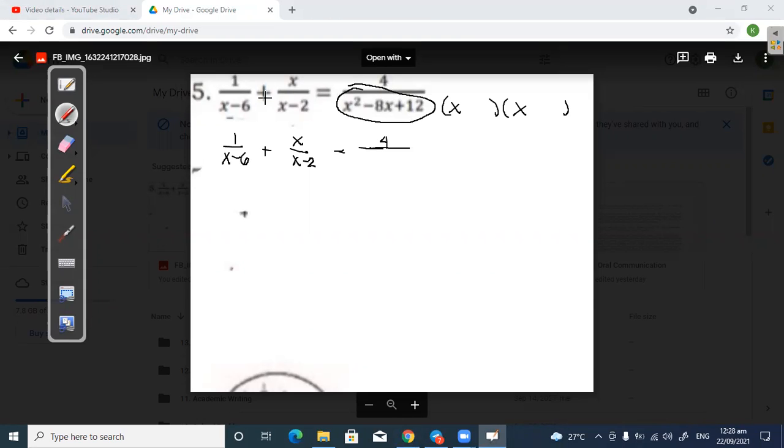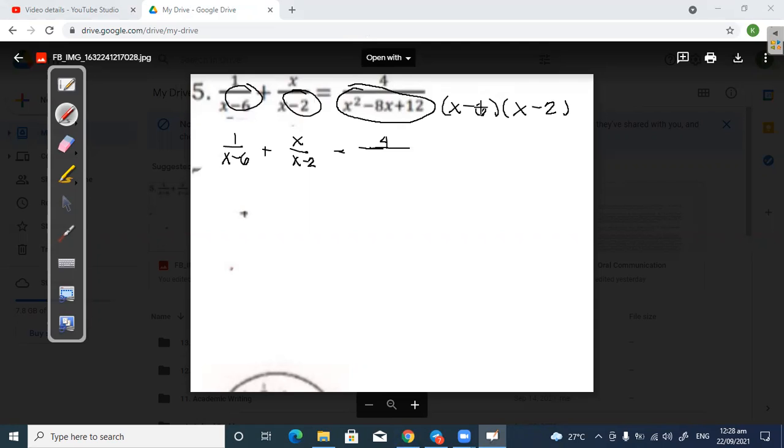These numbers are negative 6 and negative 2. Diba? So, not always the case ganyan, pero tignan nyo na lang muna yung sa kabilang side ng equation kung yung factors na yun ba is factor din nito. Yung linear expression na nandun is a factor ng quadratic na part. Okay? So, that is x minus 6, x minus 2.